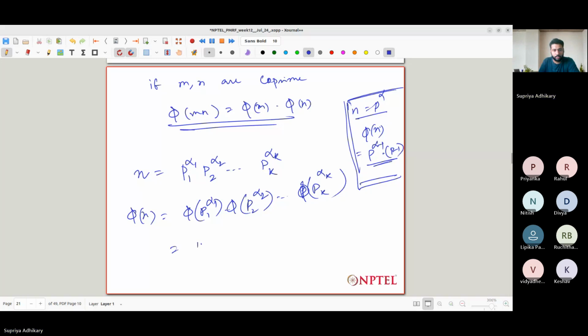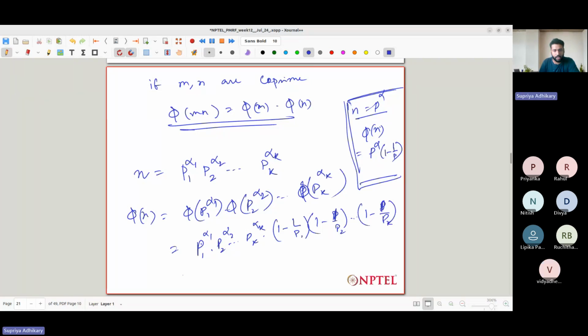And so this phi of n should be computed as this, or we can also write it this way. We can write it as p to the power alpha multiplied by 1 minus 1 over p. So this should actually be p1 to the power alpha 1, p2 to the power alpha 2, up to pk to the alpha k multiplied by 1 minus 1 over p1, 1 minus 1 over p2, up to 1 minus 1 over pk.